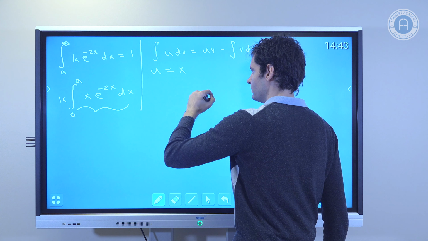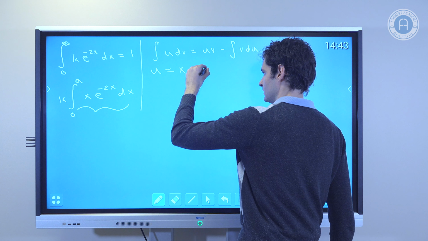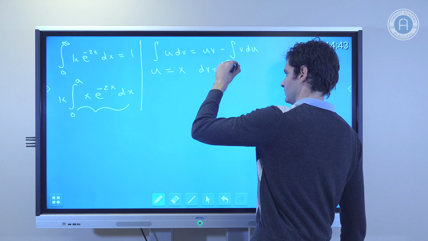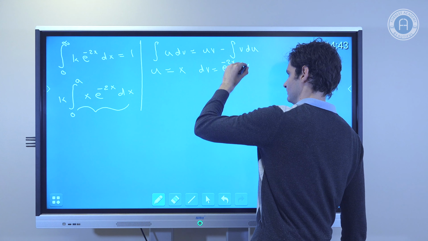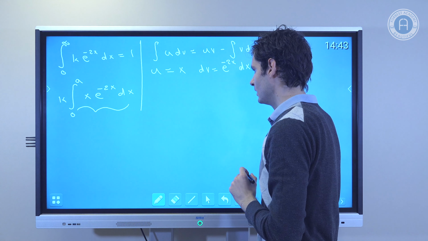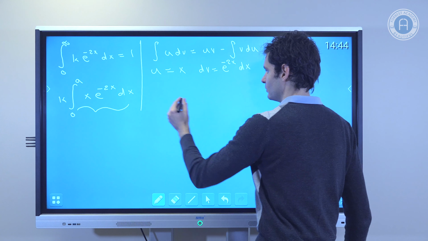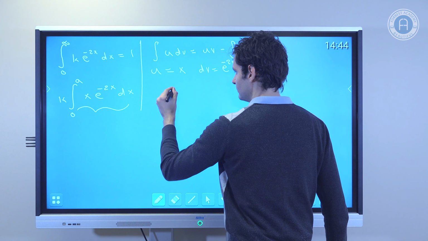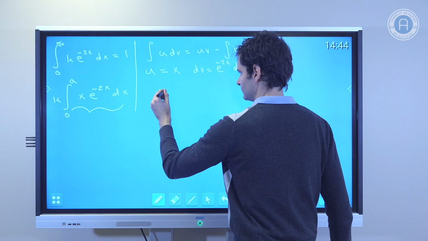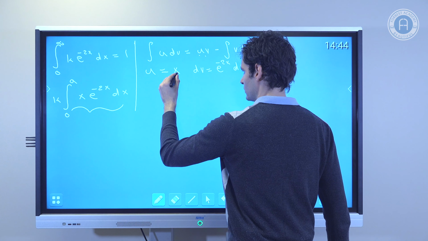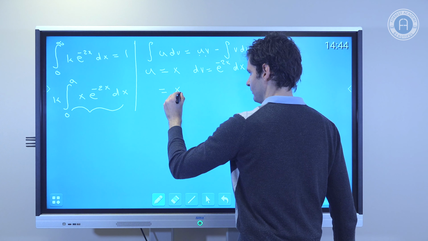I'll let dv be the remaining, which is e to the minus 2x dx. So that means this turns into this, so that's u dv. So we have u and v. That will just be x multiplied by v.